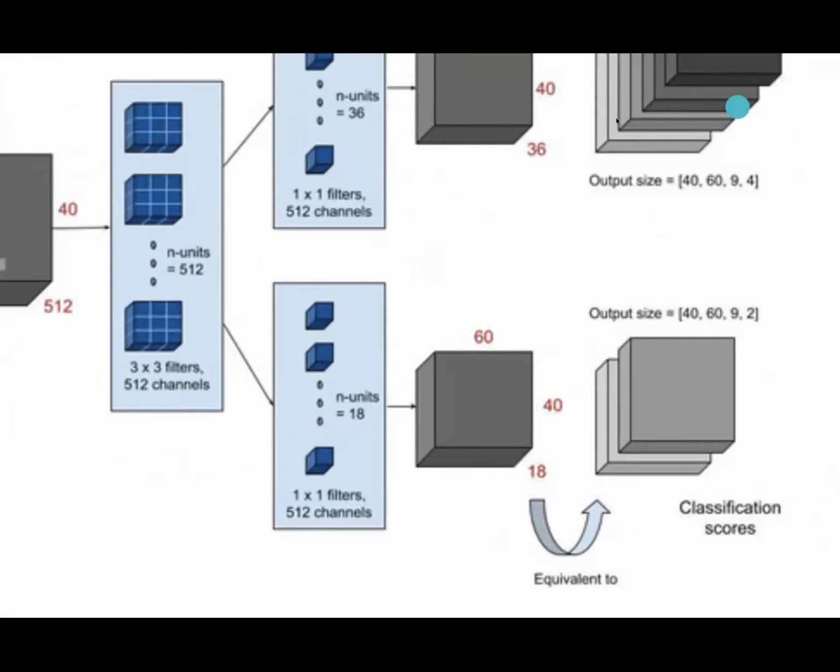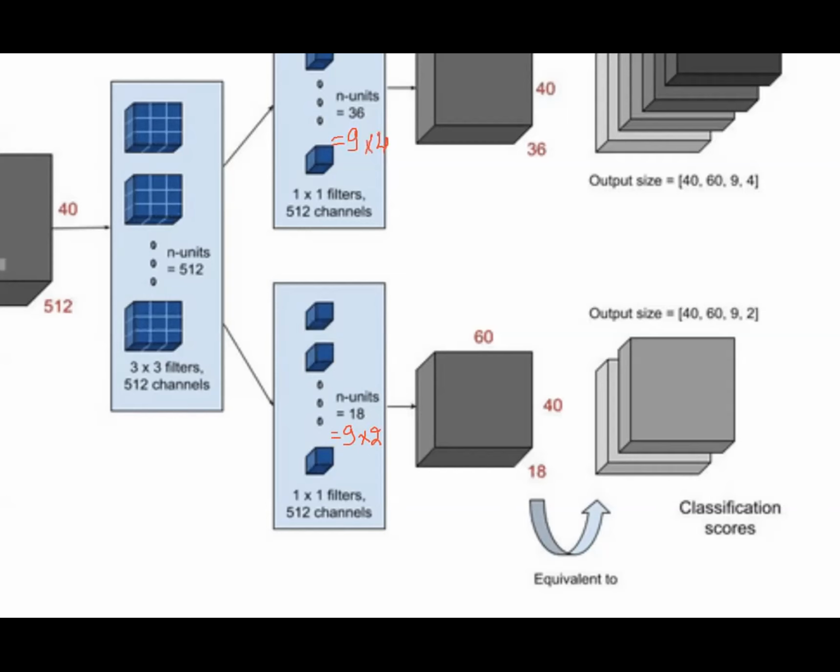Let me simplify the 18 a little bit. So here, instead of 18, look at it as 9 times 2. And instead of the 36, look at it as 9 times 4.